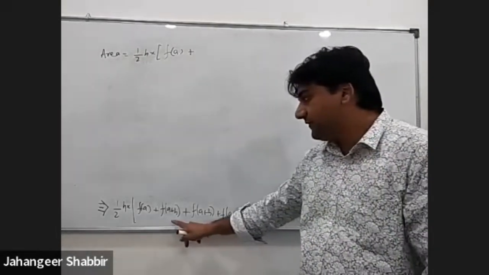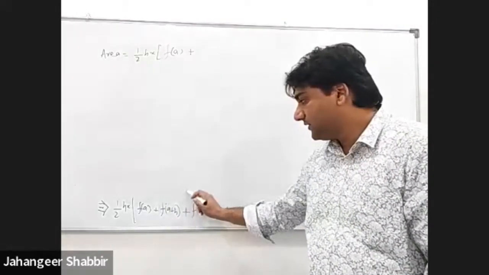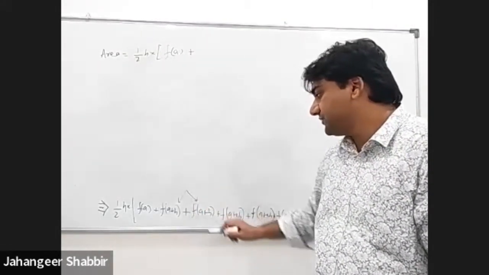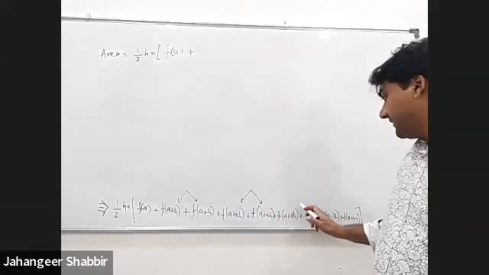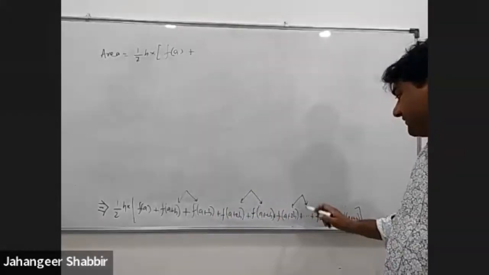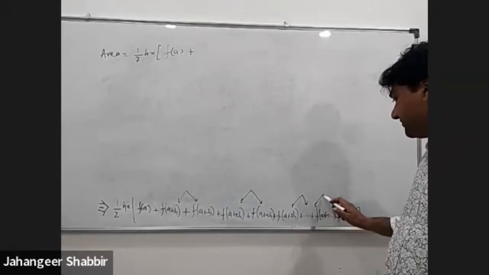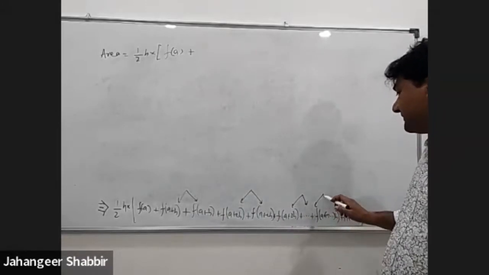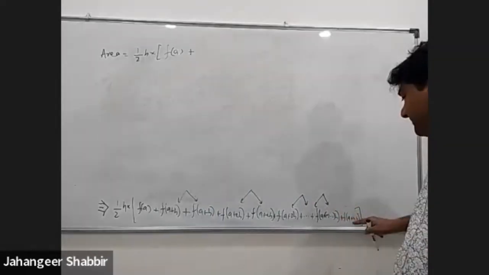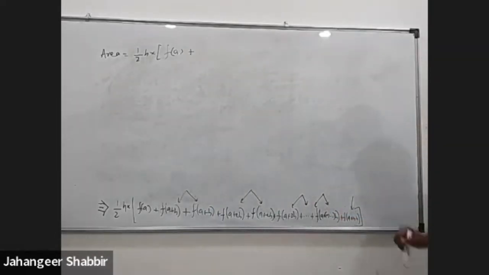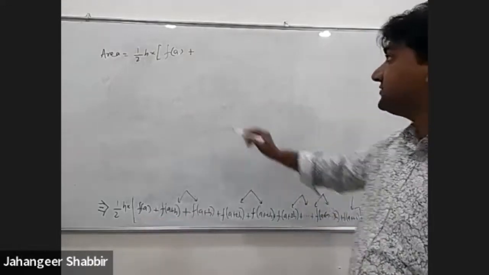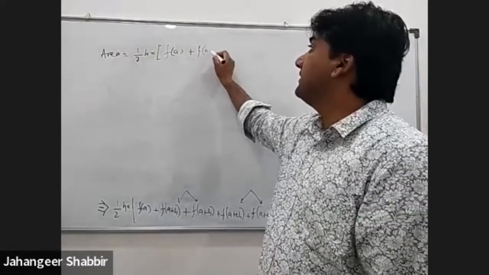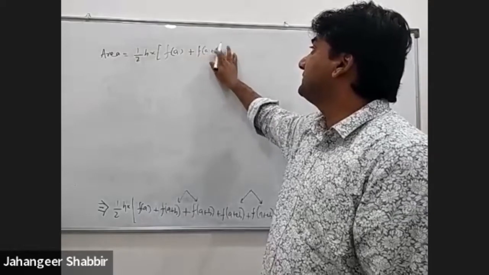And if you observe f of a plus h, it appeared here as well as here, two times, right? f of a plus 2h is here as well as here. f of a plus 3h is here as well as here. f of a plus n minus 1 h also will appear twice, but f of a plus nh will appear once.